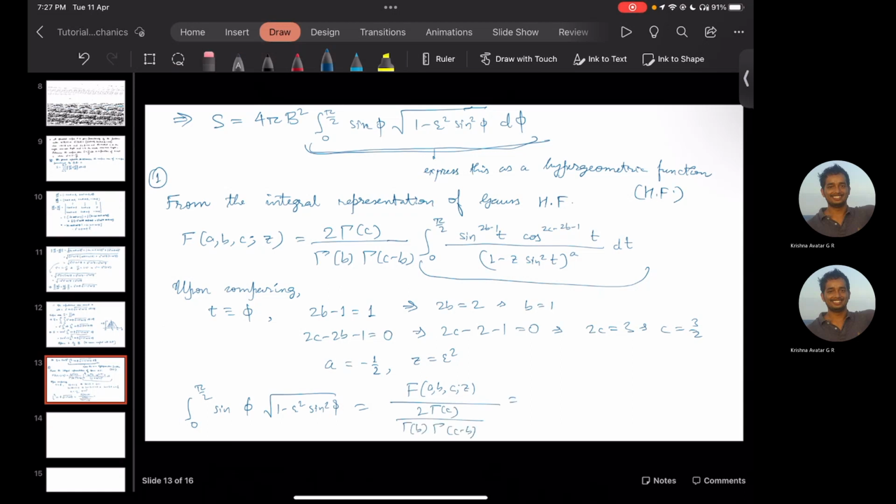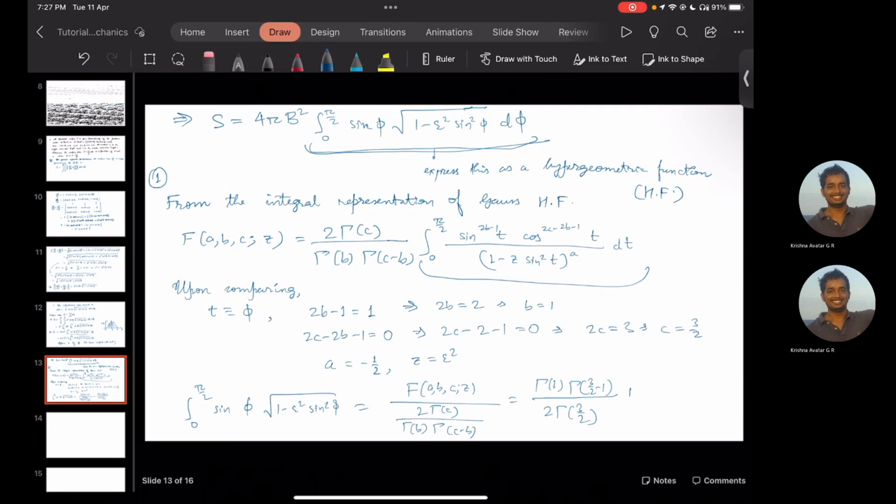And this I can write as gamma of b, which is 1, and then gamma of c minus b, which is 3 by 2 minus 1, divided by 2 into gamma of 3 by 2.